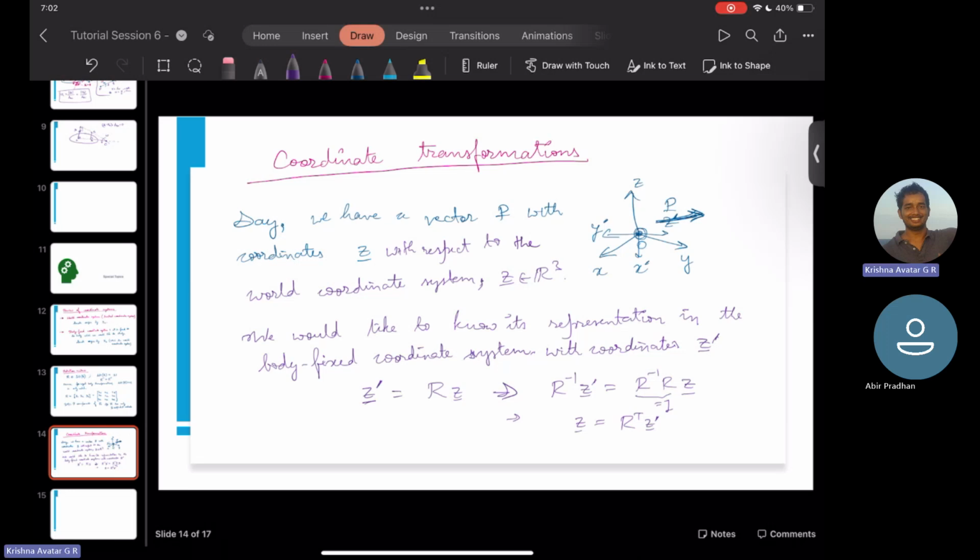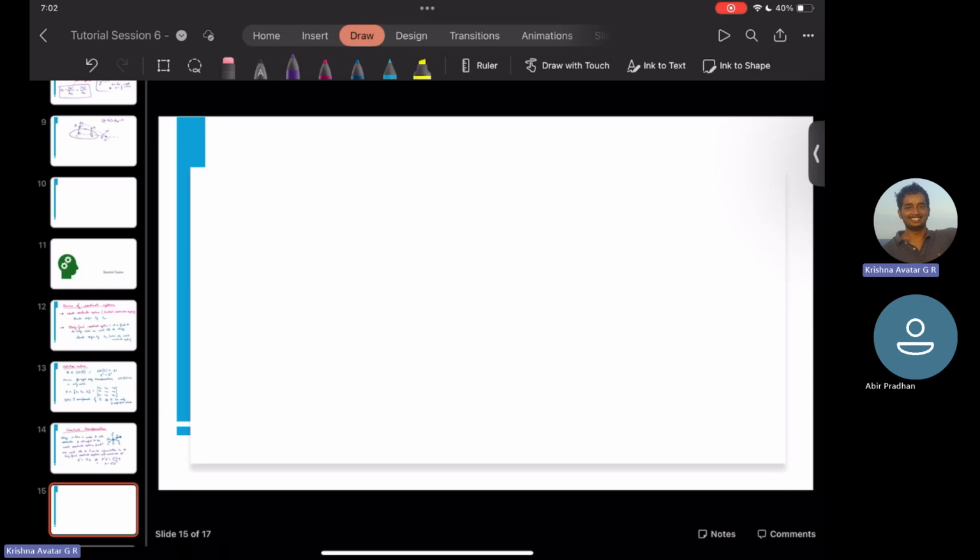And this was only for vectors. And what if we want to transform points? Coming back to the point that we wanted to discuss some time back.